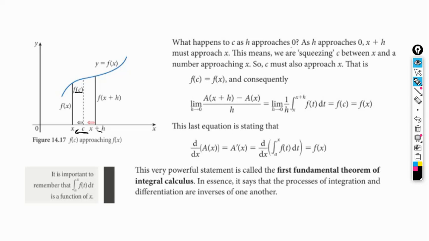Therefore, c also gets closer and closer to x. So the derivative of the area function gets to this, and because of the mean value theorem, this is going to equal f of c, which at the same time equals f of x.